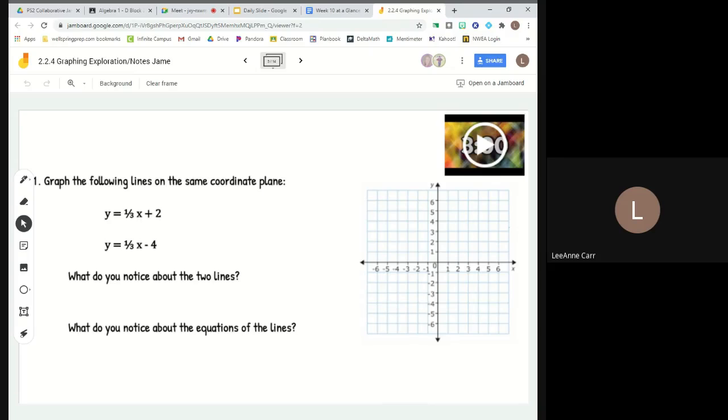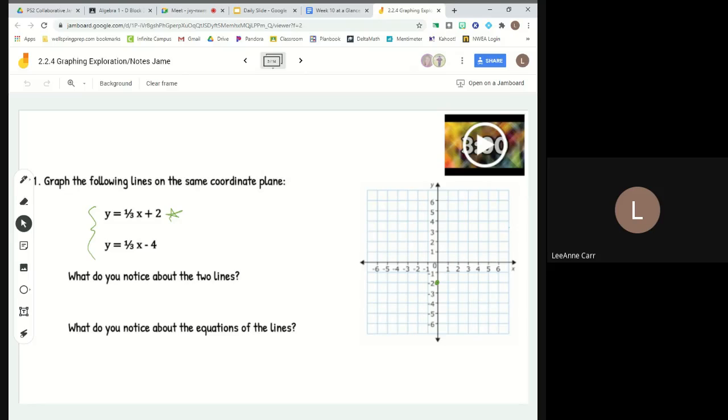All right, let's hear from Gabrielle. Can you turn on your mic and tell me how to graph either one of these equations? I don't care which one. I didn't finish it. That's okay, we can work through it. Which one do you want to do? The first one. Okay, where would I put my first dot? At the 2, and then the rise over run, so go down 3 and over 1.